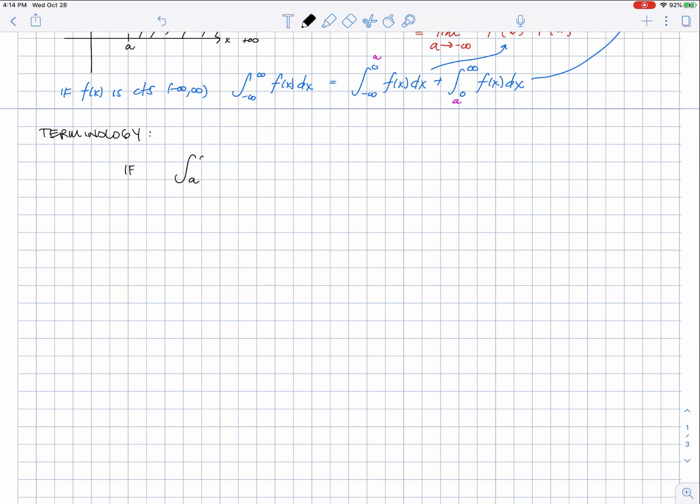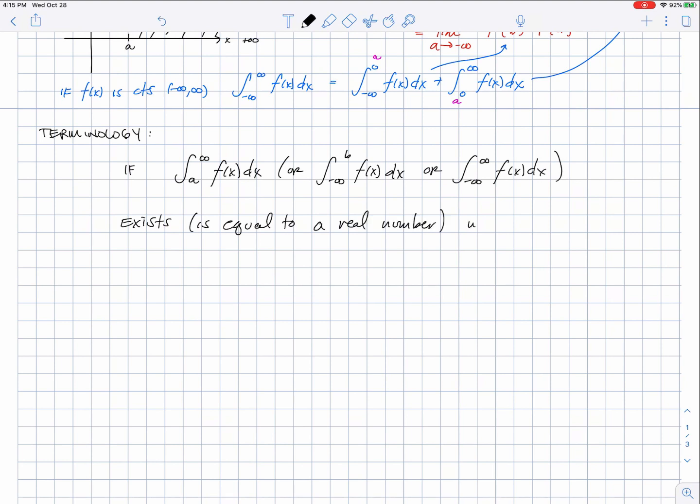Okay, let's talk about terminology. If the integral from a to infinity of f of x dx, or the integral from negative infinity to b of f of x dx, or the integral from negative infinity to infinity of f of x dx, which results in limits, exists, i.e., is equal to a real number, we say the integral converges.